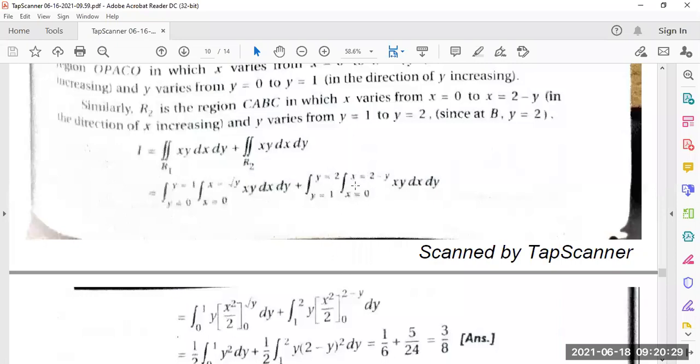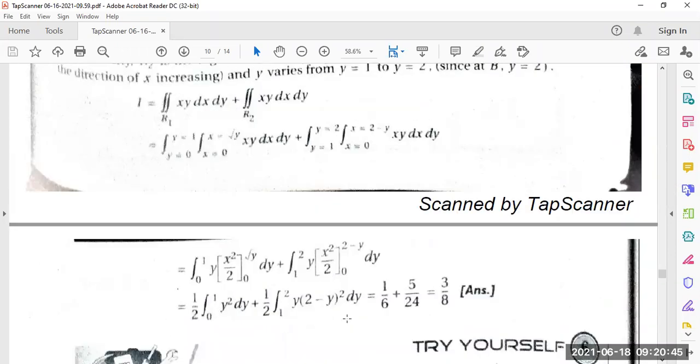At first we integrate with respect to x, then with respect to y, for both integrals. Is it clear how we are changing the limits?